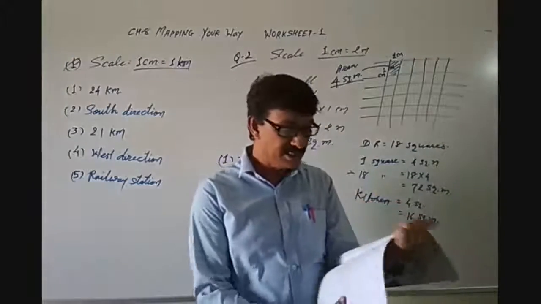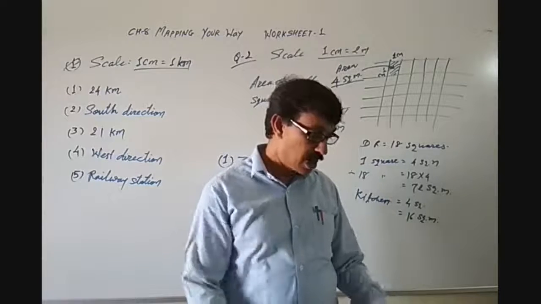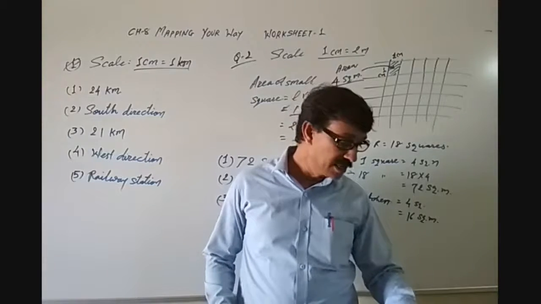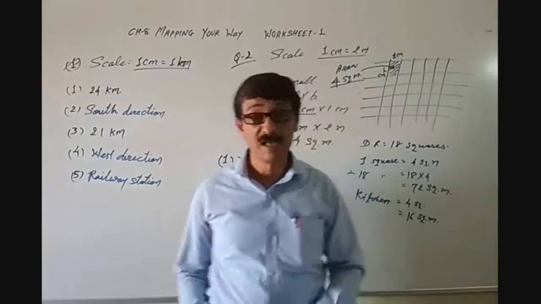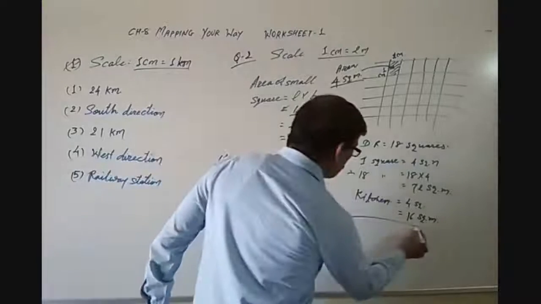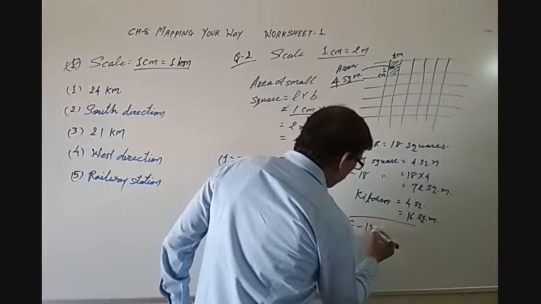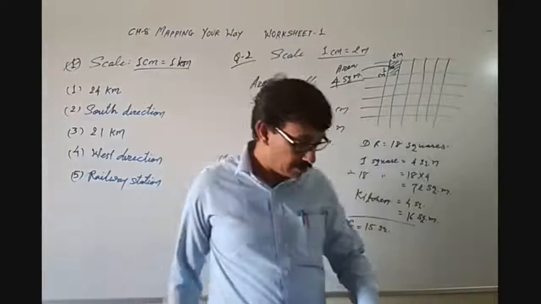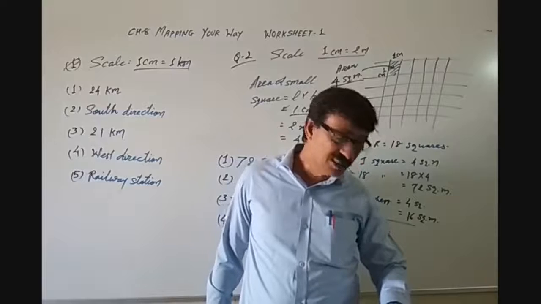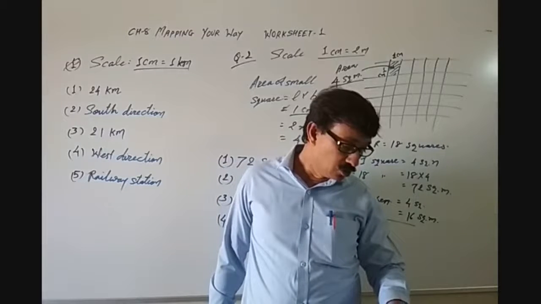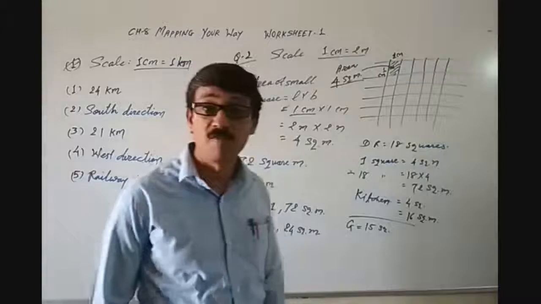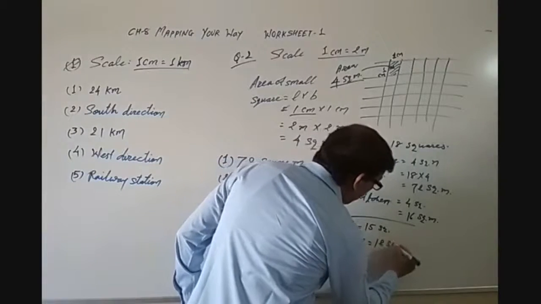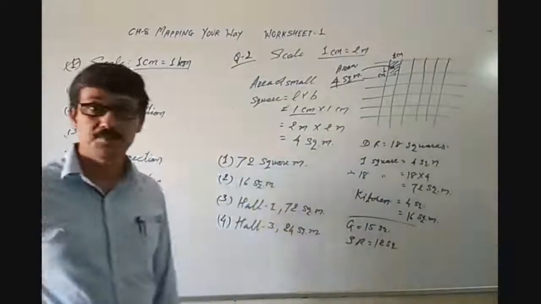The garden has 1, 2, 3, 4, 5 small squares lengthwise and widthwise 3. 5 threes are 15, so the garden has 15 squares. And the other one, the storeroom, has 4 threes, which are 12 squares.